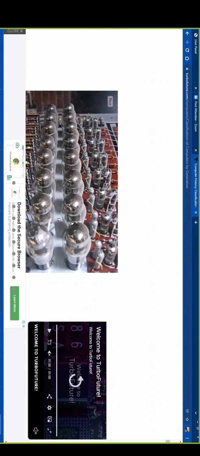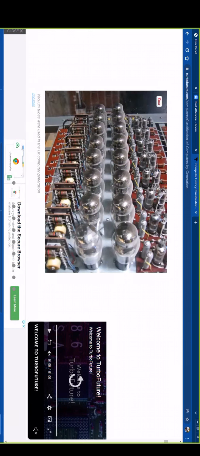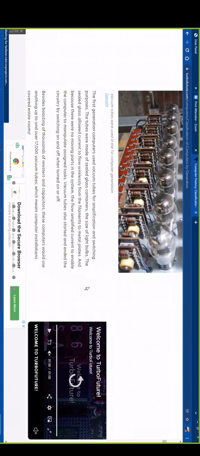And from that era the first generation computer starts. In front of you is the picture of vacuum tubes that are used in the first generation computers. The first generation computer used vacuum tubes for amplification and switching purpose.